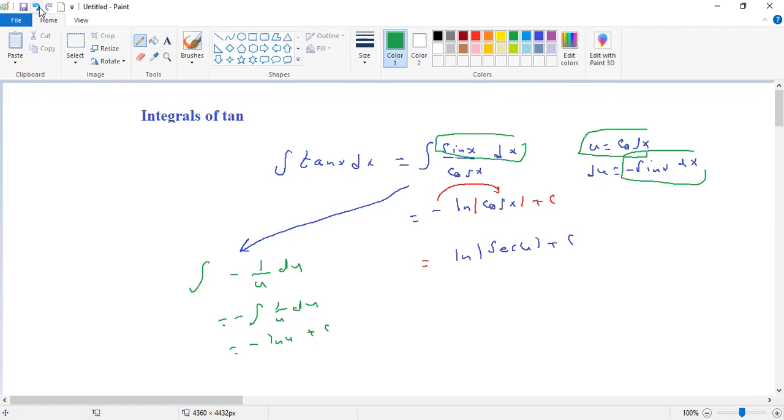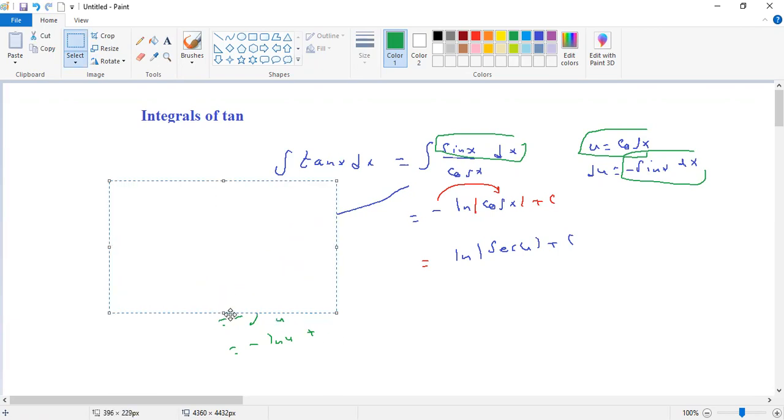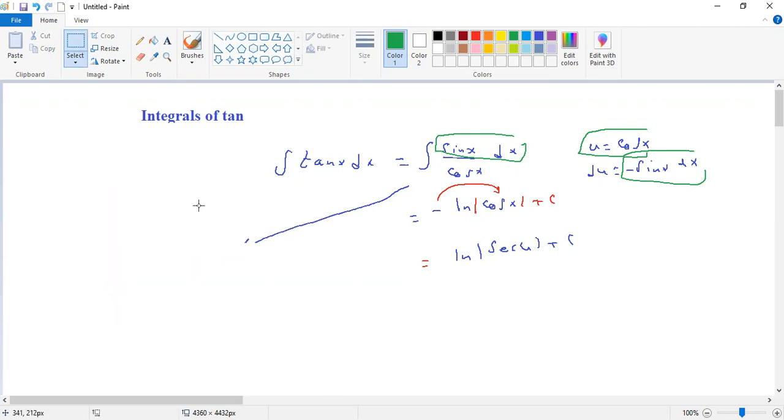Now, if we have tan squared, what about the integral of tan squared?